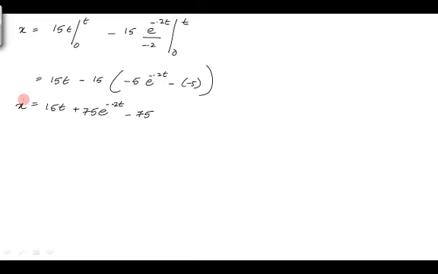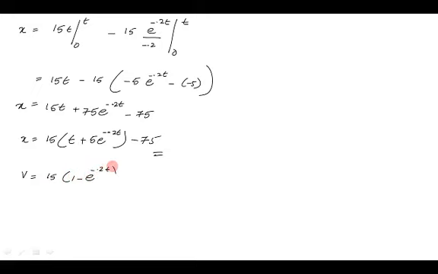So this is the expression for x. I can also rewrite it as x = 15 times (t plus 5 into e raised to minus 0.2t) minus 75. So these are our expressions for velocity and distance. Let me rewrite again the expression for velocity as v = 15 into (1 minus e to the power minus 0.2t). Now we have to find the position and velocity at time t = 0.5 seconds.